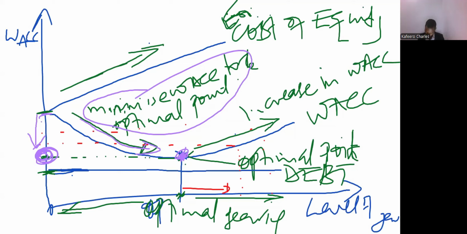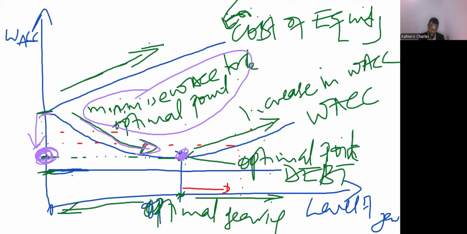Now, in order for us to be able to minimize WACC, the level of debt must be reduced to the optimal point.